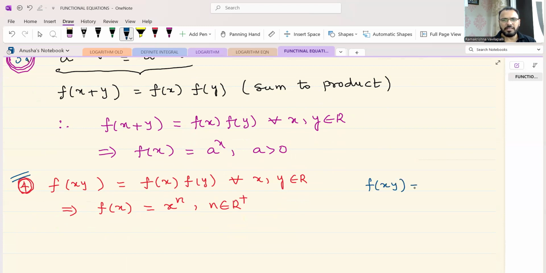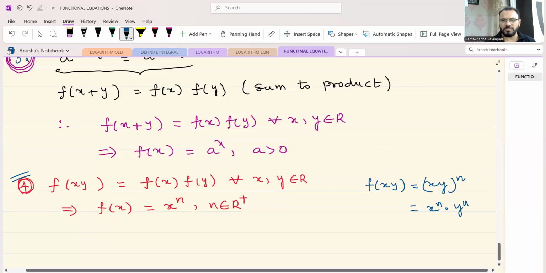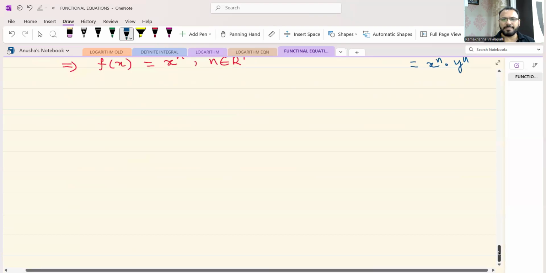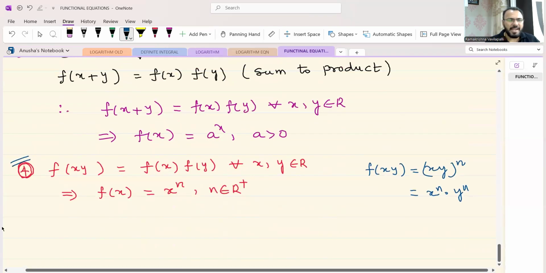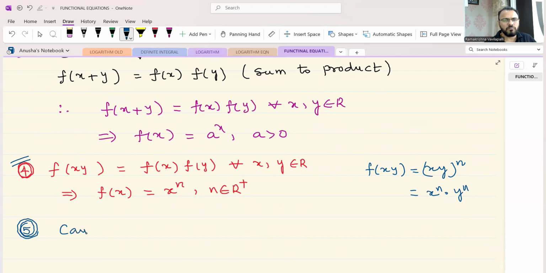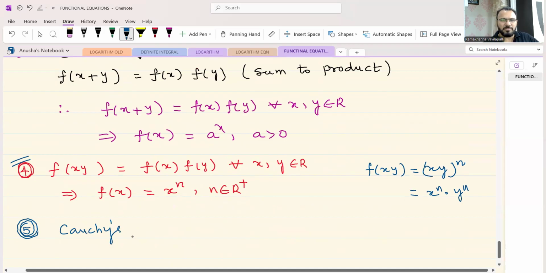This is nothing but xy whole power n, which equals x power n into y power n. Nice. And one more is left. It is also very important, known as Cauchy's functional equation. He is a very famous mathematician. Cauchy's functional equation.